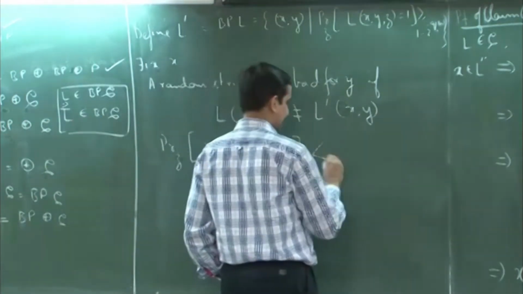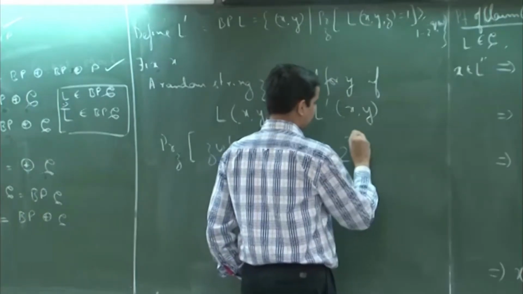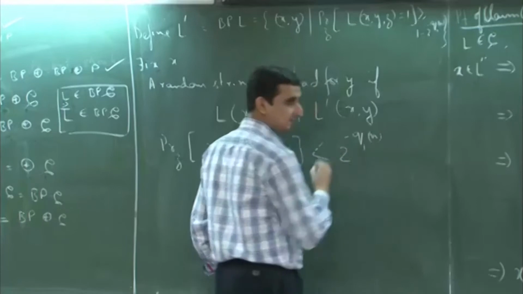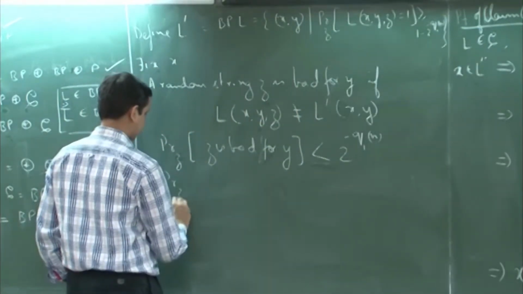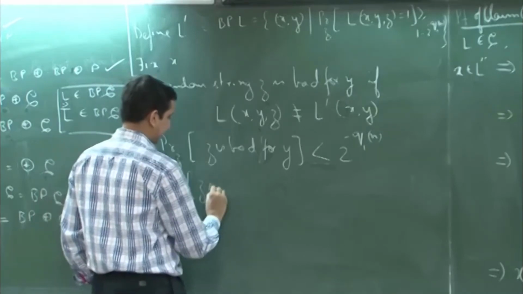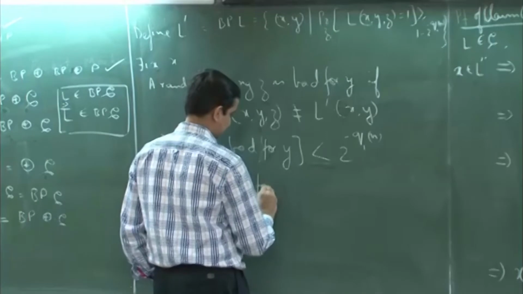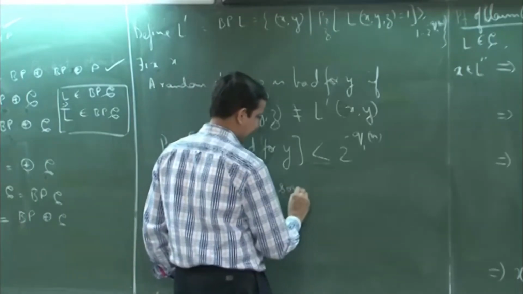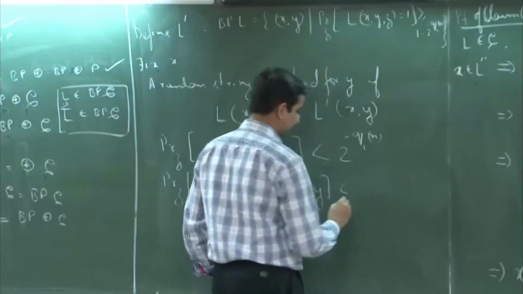It is less than 2 to the power minus q1 of n. Okay. So the probability that z is bad for some y is how much?